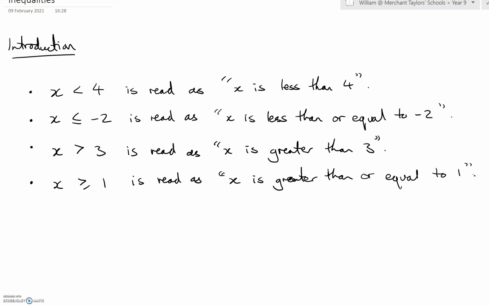So the little line underneath, if you notice these two, the second and fourth one, they have the little line underneath, and that means we're inclusive of that value, so we can have equal to as well.